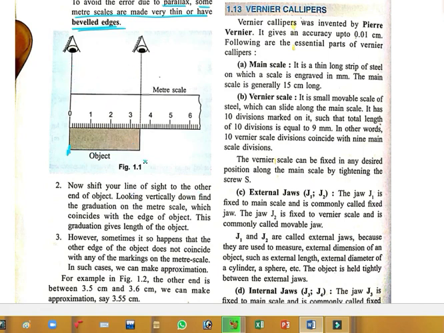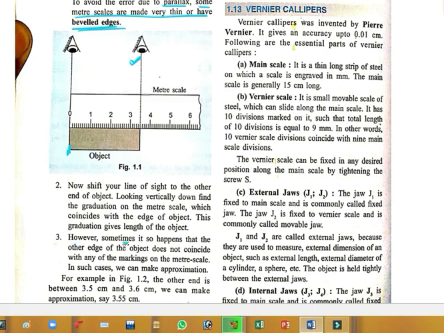So this was the first line of sight. We will see at what length the object is. So you can see clearly that this is the end of the object. Okay, so from this we can calculate the length. It will be 3.1 or 3.2 or 3.3 or 3.4 or 3.5 by counting the centimeters and millimeters.